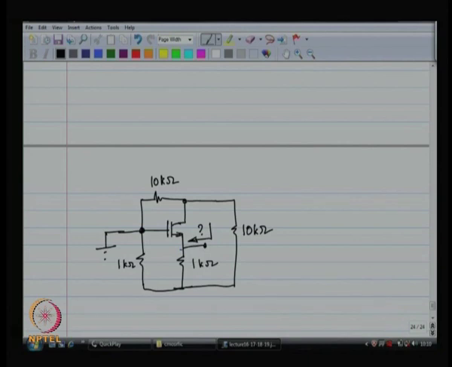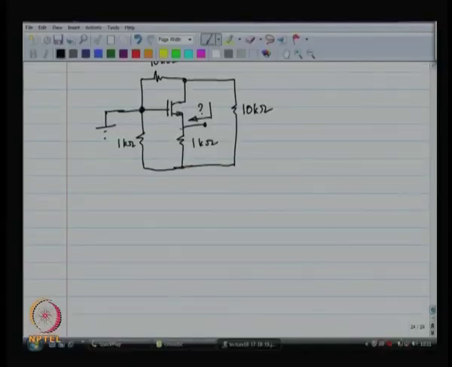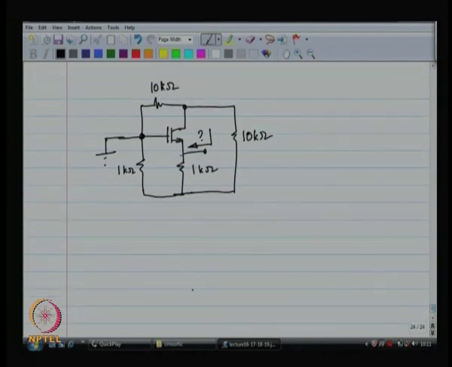As soon as we try doing that, what we are going to find out is that now my circuit, I am going to redraw the circuit, looks like this.